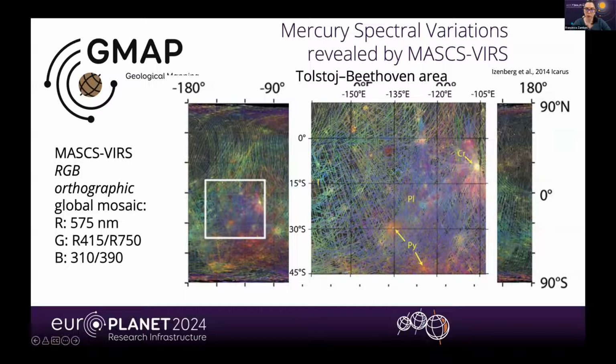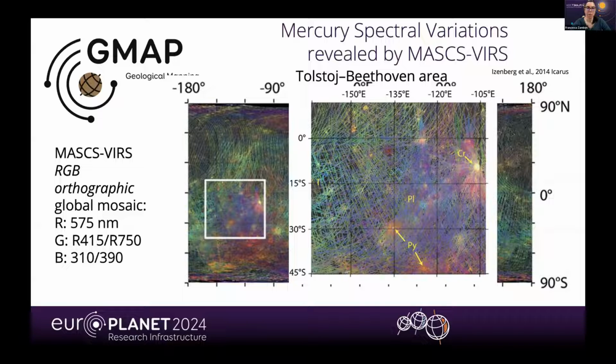For example, the features in orange or red are mainly associated with pyroclastic deposits, while the intermediate plains are in purple, and you have in blue-cyan the low reflectance material, but you also see yellow color, and this is typical of bright material.